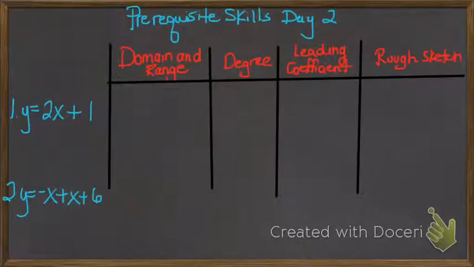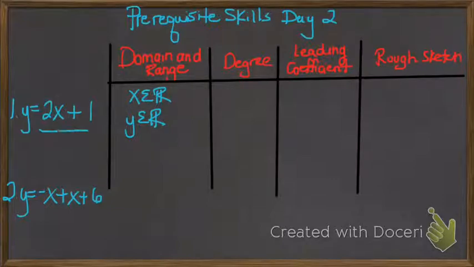This is obviously a linear function. So if we're looking at our headings, and you remember from day 1, the domain and range of any linear function is always very simple. X can be any real number, and y can be any real number. Those ones are simple. The degree of your function is the highest exponent or the biggest exponent that you see in the equation.